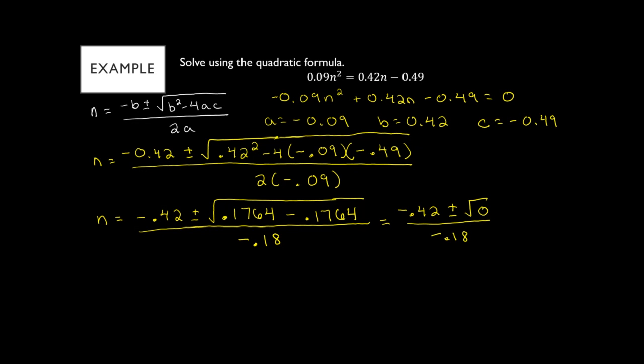So basically, that disappears. And if you have plus or minus 0, you don't really have that plus or minus. So we just have negative 0.42 divided by negative 0.18, because the square root part just disappeared completely. So you see we get only one answer here.